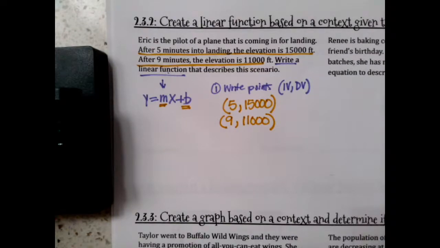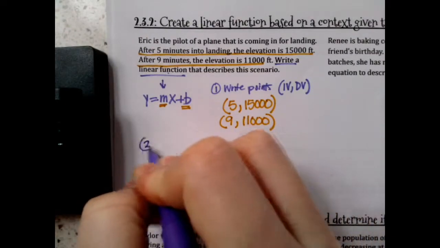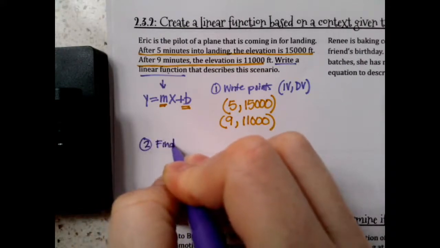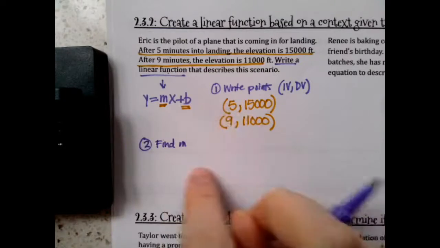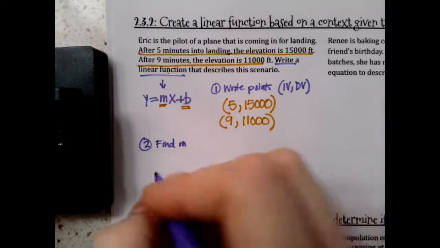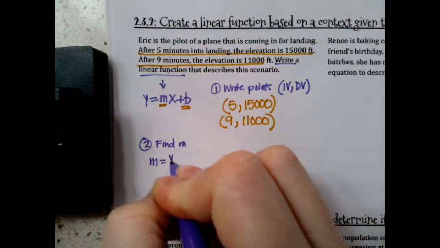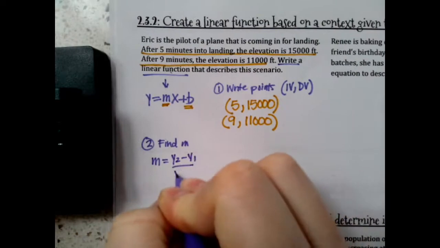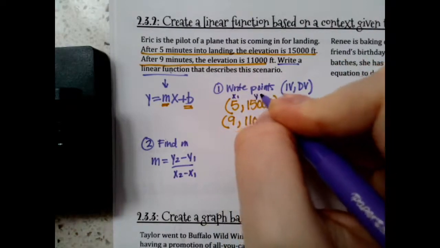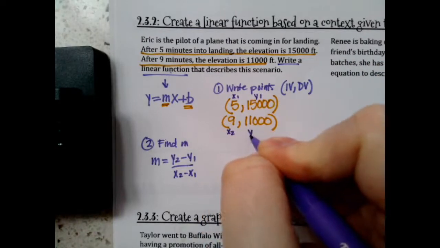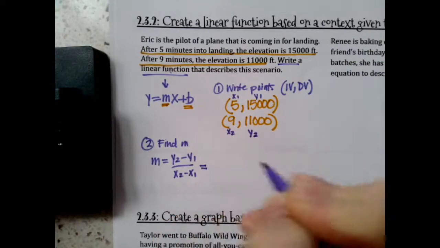Once you have your points, our second step is to find m. You find these in the order they're written: find m first, then find b. Find m using the slope formula. I can label my points x1, y1, x2, y2, and plug them in.